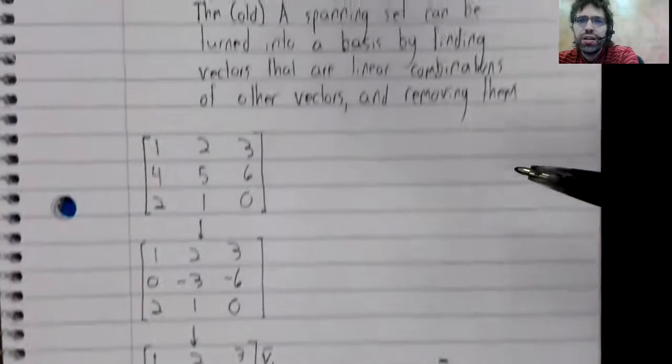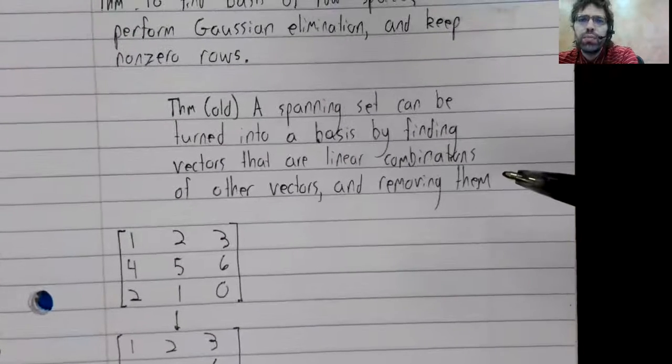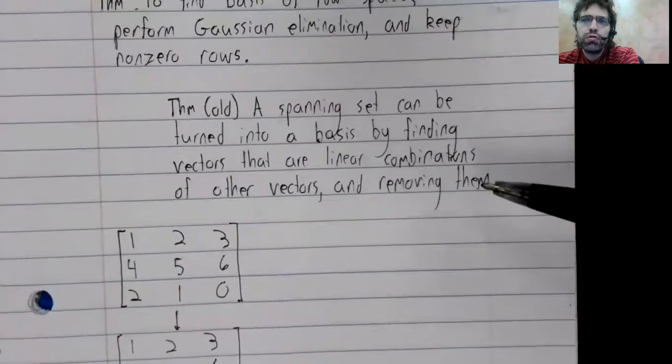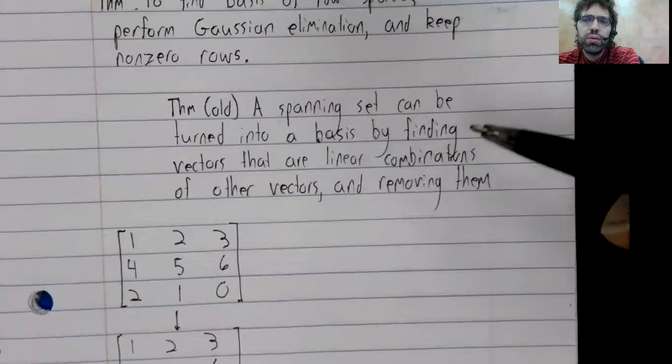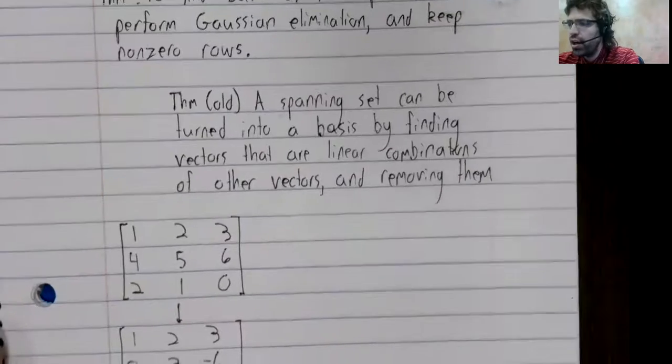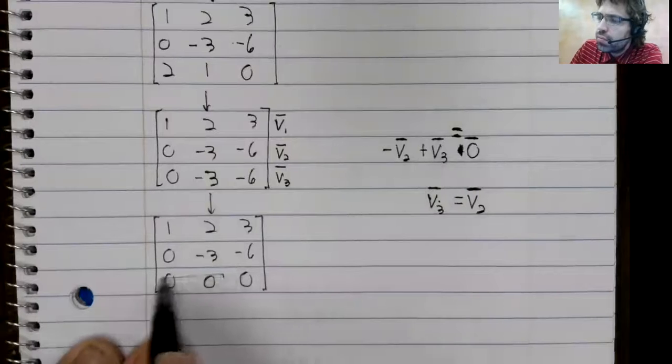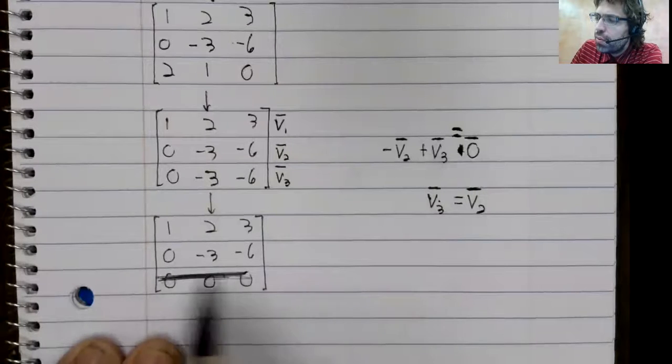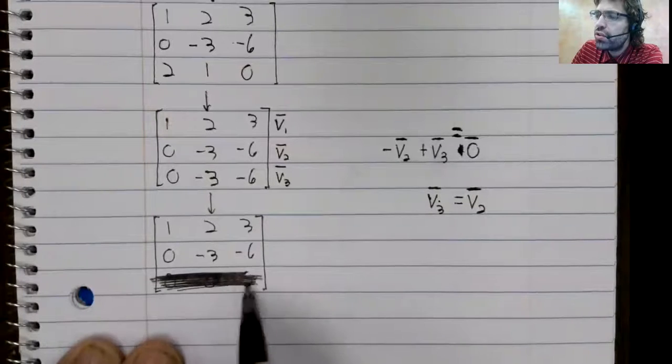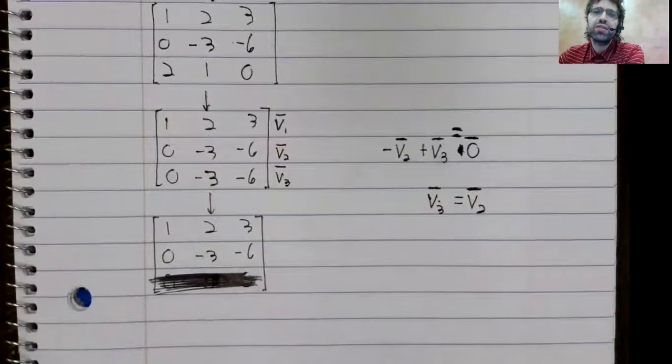And our theorem says that if one row is a linear combination of others, we can get rid of it without changing the spanning set. So the third row was a linear combination of the others.